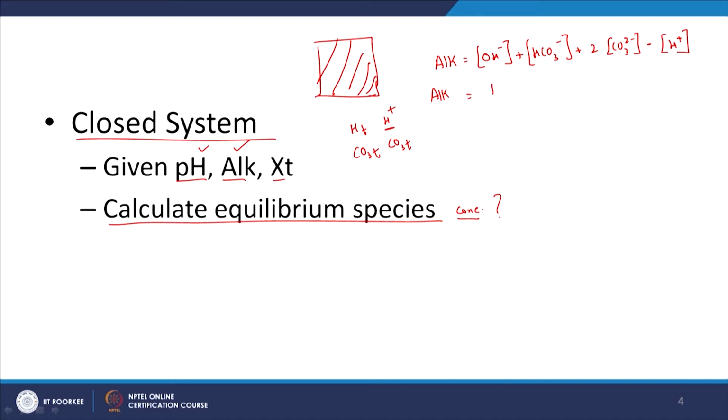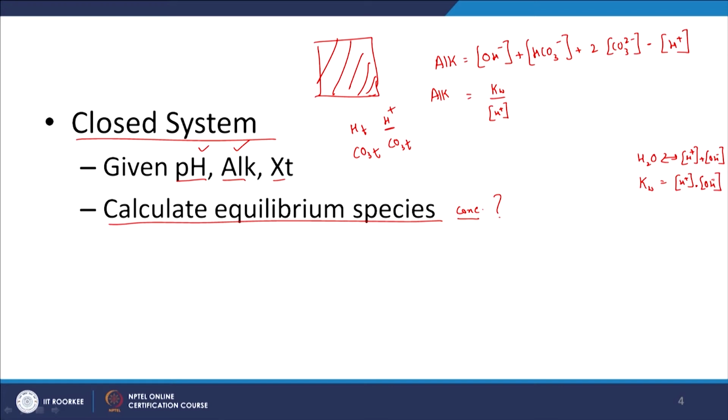So OH minus we know is Kw by H plus, and where does this come from? Because the water can dissociate into H plus and OH minus, and the water dissociation constant is going to be equal to H plus into OH minus, right.